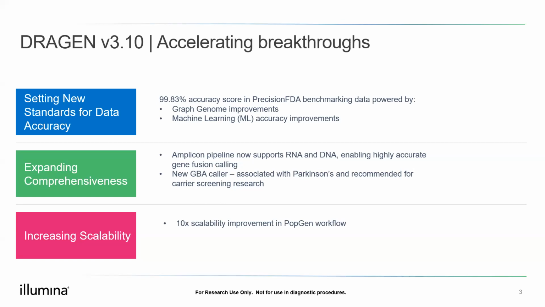If you have to analyze those larger cohorts, for example for GWAS studies, and if you want to bring new cohorts into an existing cohort, we need something that's scalable and efficient, and that's exactly what we're trying to address. So once again, we'll be covering improvements to the platform for accuracy, comprehensiveness, scalability, new tools, updates to existing tools, and so on.